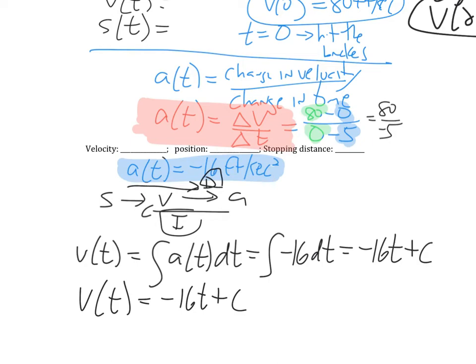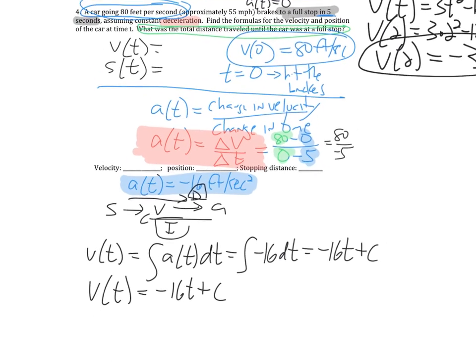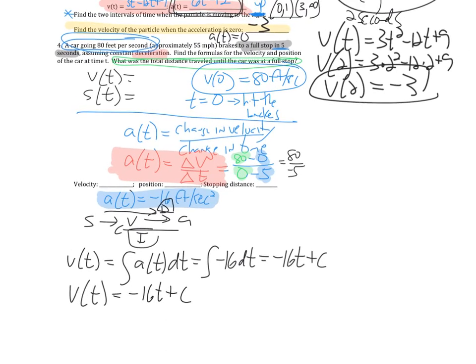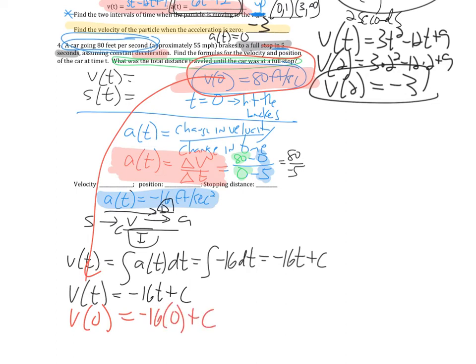But this one here, the constant is not going to be 0, because we know this. We were told that this car was going 80 feet per second, or 55 miles an hour. So I know that v of 0, so it's negative 16 times 0 plus c, I know that v of 0 is equal to 80.